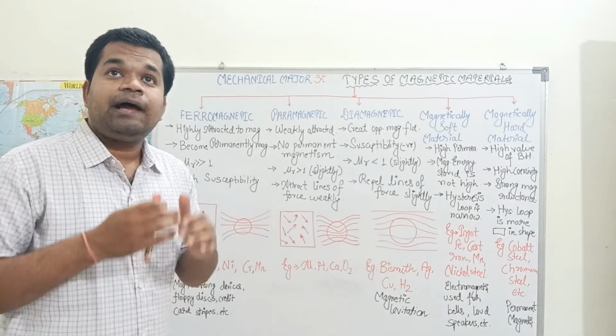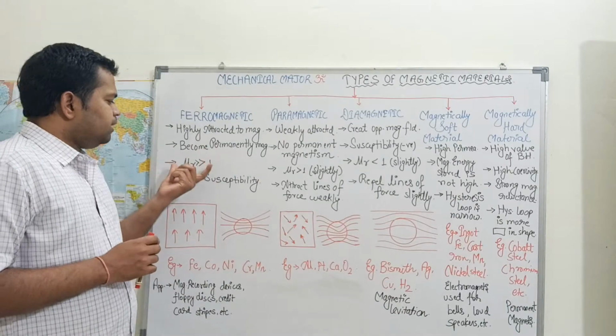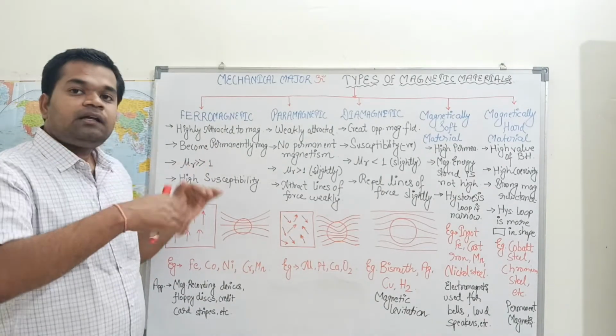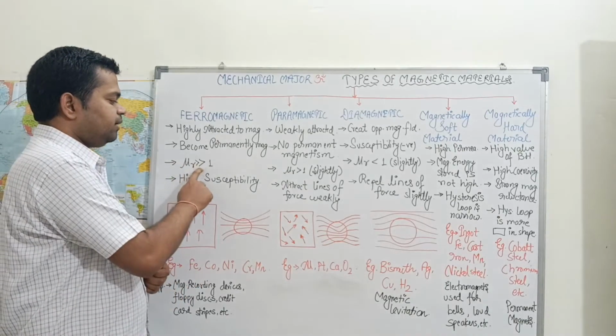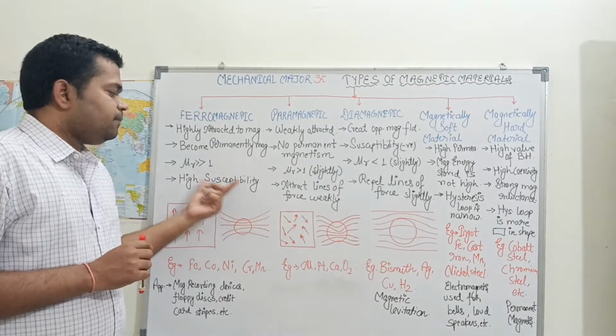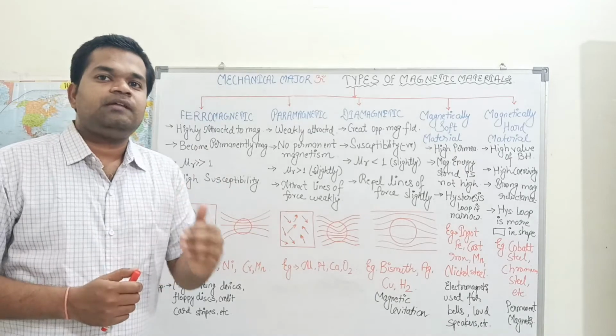The relative permeability, mu r, is greater than unity, so mu r is greater than 1. And the susceptibility is very high. We will see this susceptibility in the BH curve.